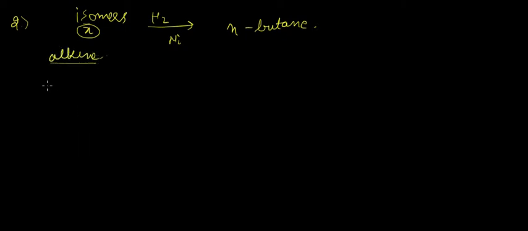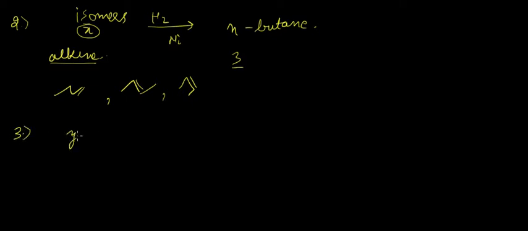Obviously it would be an alkene. So this can be one case. We include all the possible isomers. This can be one case, and the geometrical isomer for this could be this one. So X in this case would be 3.